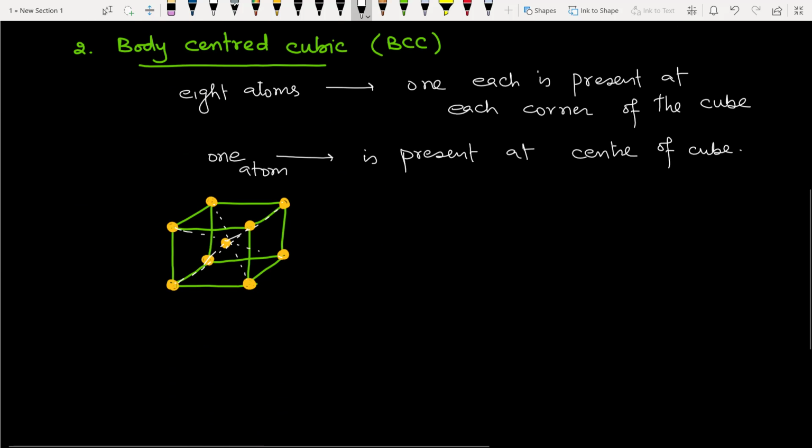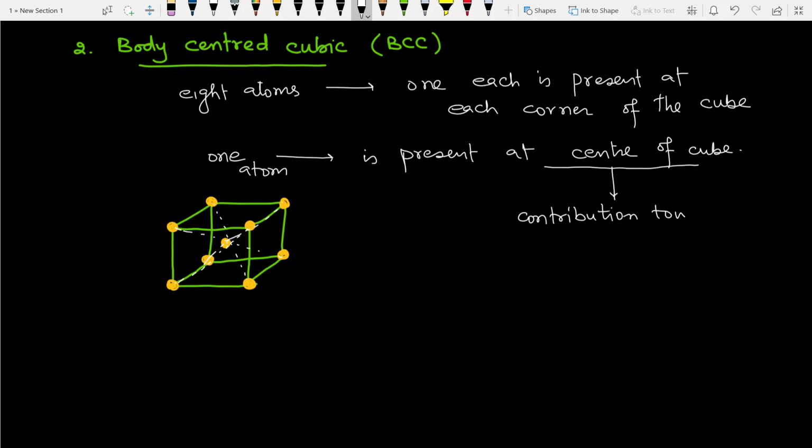Now the one atom present at the center of the cube: its total contribution towards the unit cell will be 1 because it is well inside the unit cell.